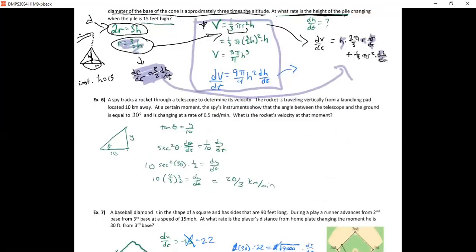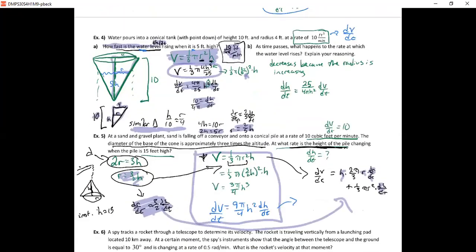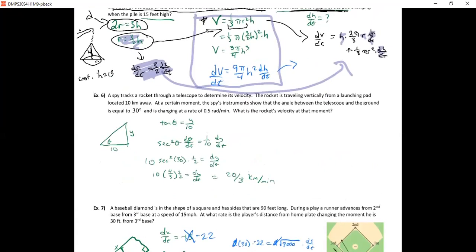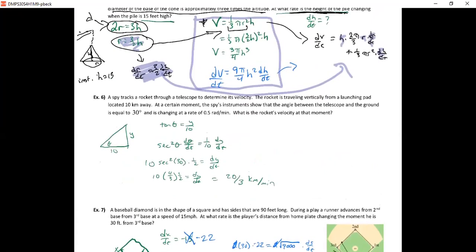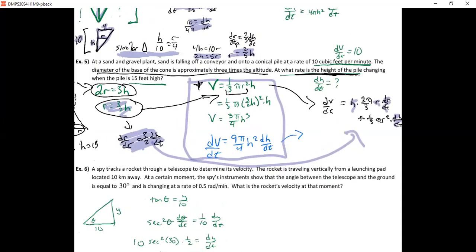Example number 6, the spy tracks a rocket through the telescope to determine, one of the things you'll notice is I did not answer these in complete sentences. My apologies. So should I do that? Let's do this.